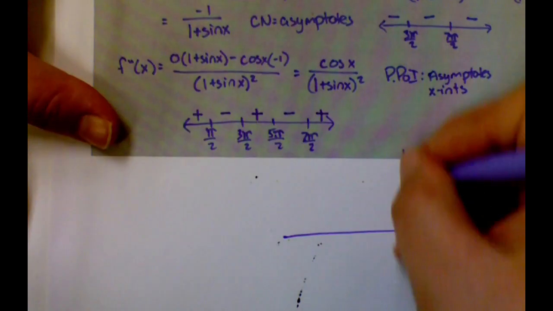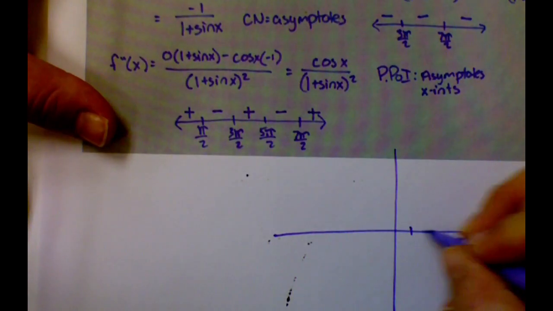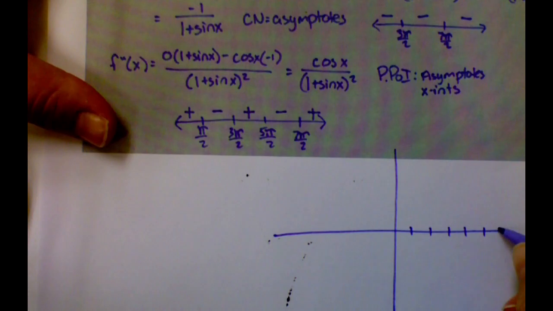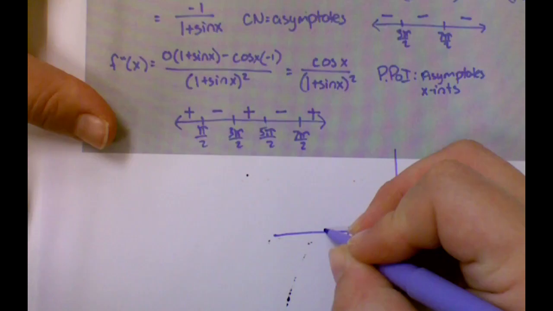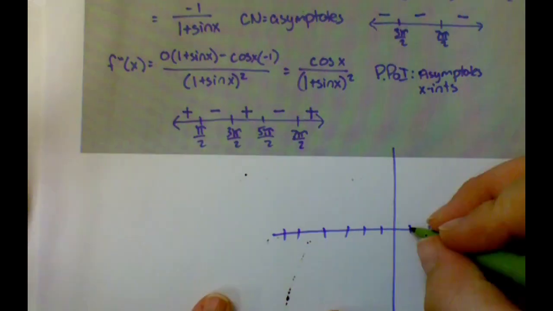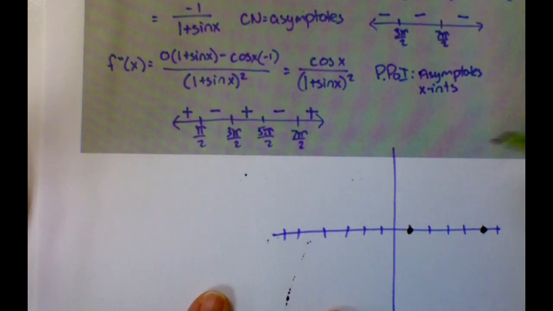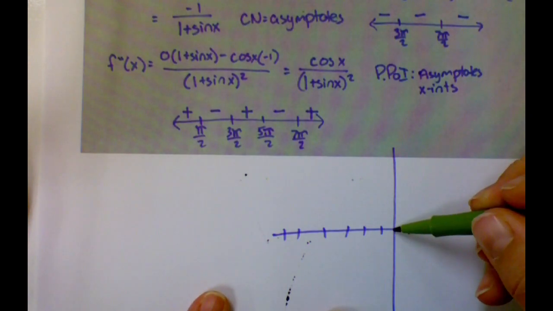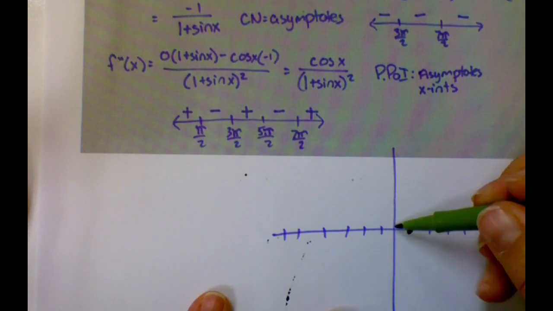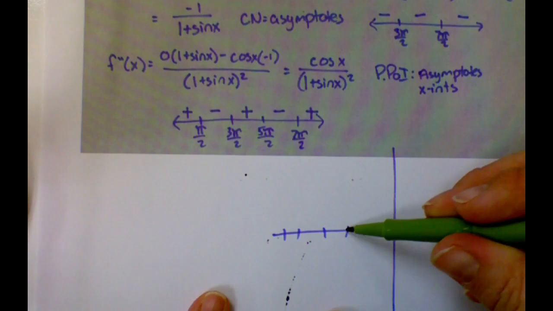So now for our graph. I'm going to draw notches for every pi over 2. Okay. I'm going to graph my x-intercepts first. Pi over 2, 2, 3, 4, 5 pi over 2, which means negative 3 pi over 2.